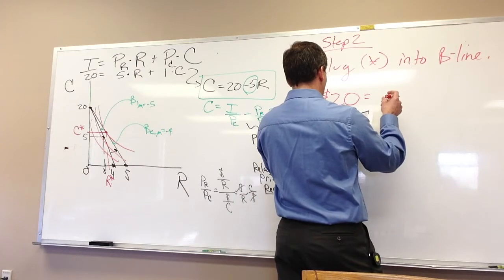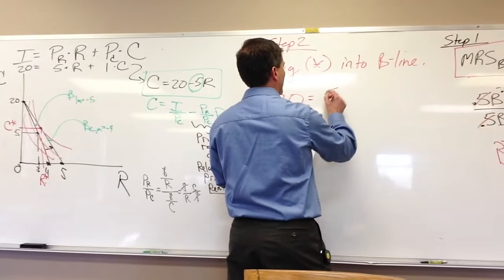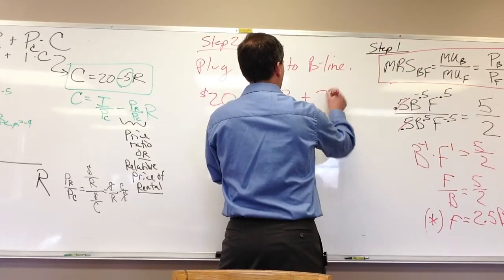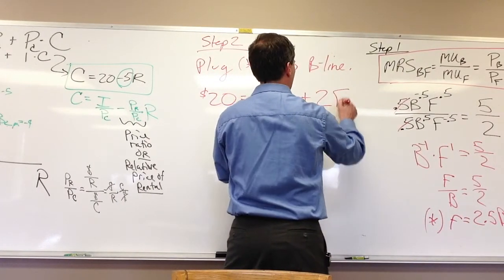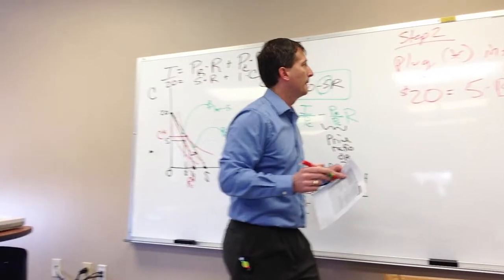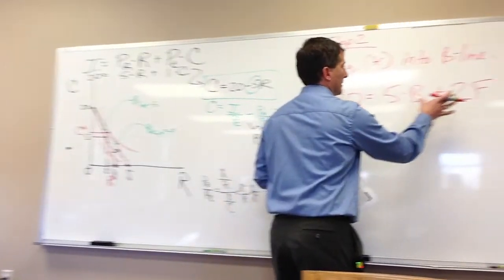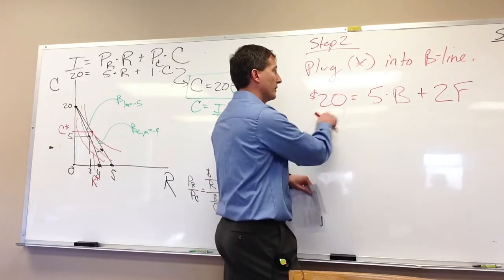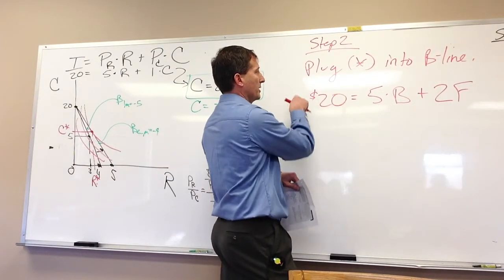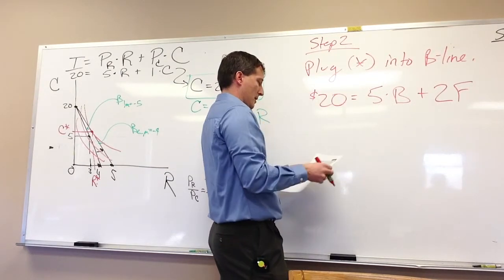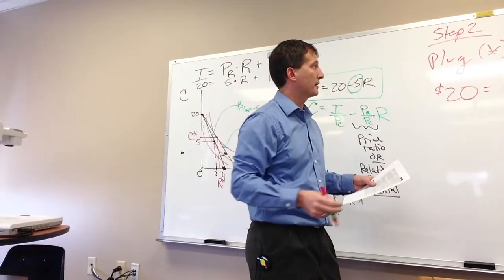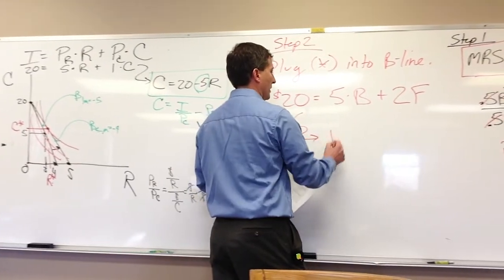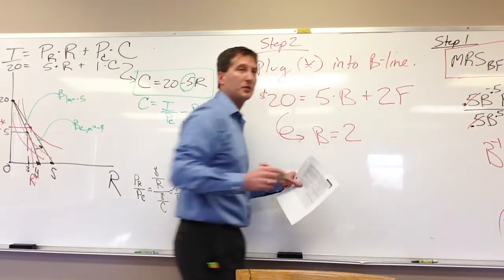So the price of burgers is 5, so it was 5 times B plus 2 times F. We've got 2 equations, 2 unknowns. We can solve this. So substitute the equation into the budget line. And what did you get? After you do all this, B equals 2.